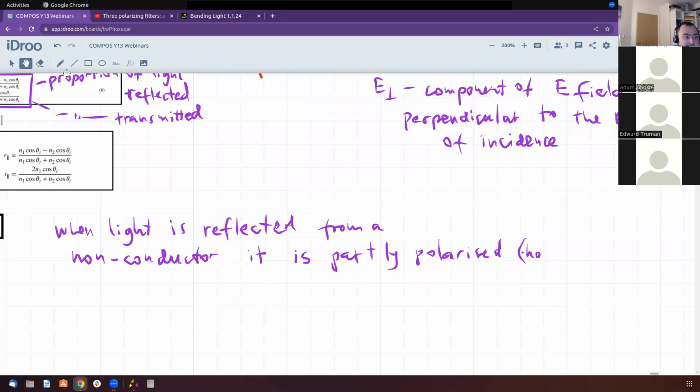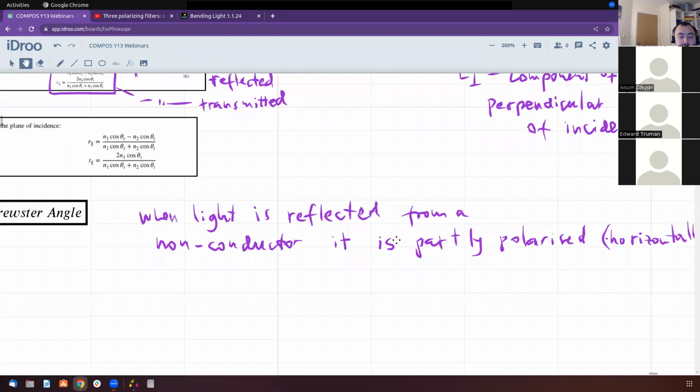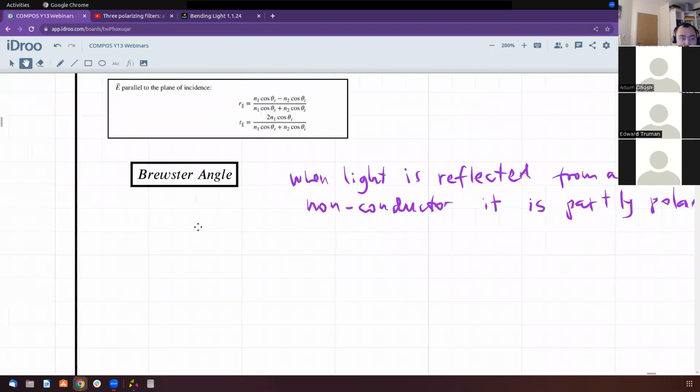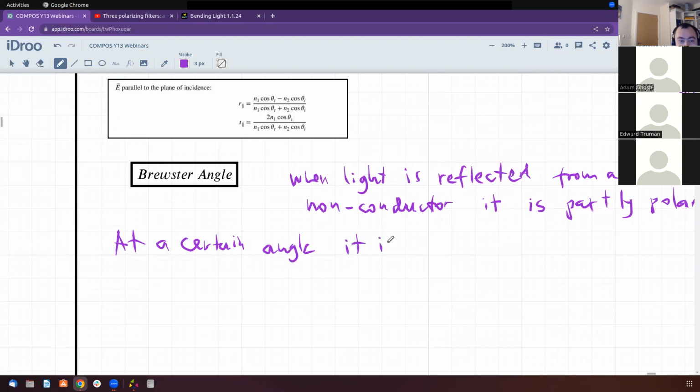So what does that mean? That some of the vertical component is reduced at a certain angle. At a certain angle, it is fully polarized, fully horizontally polarized.